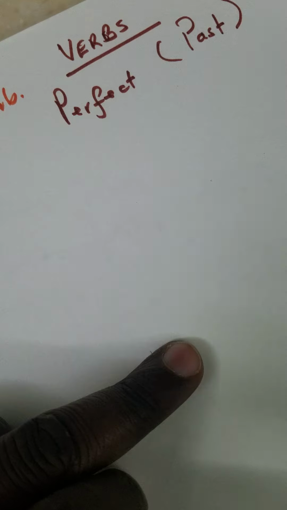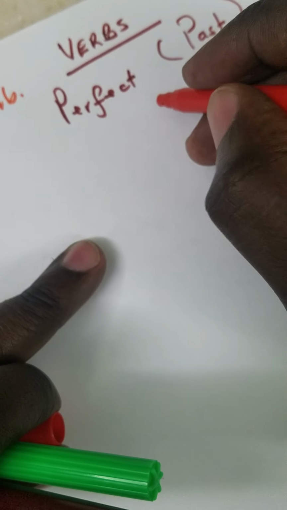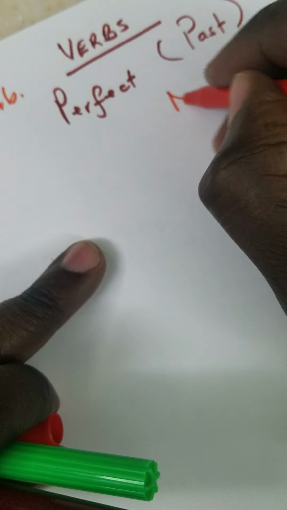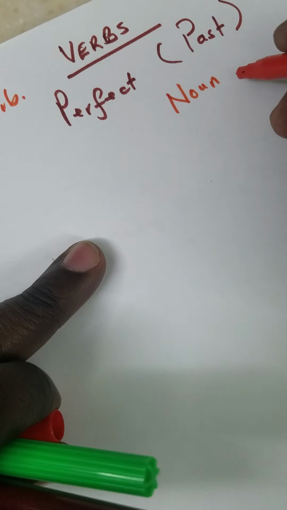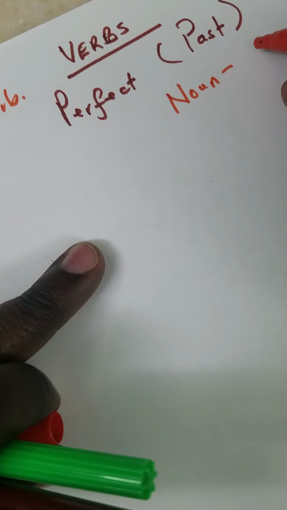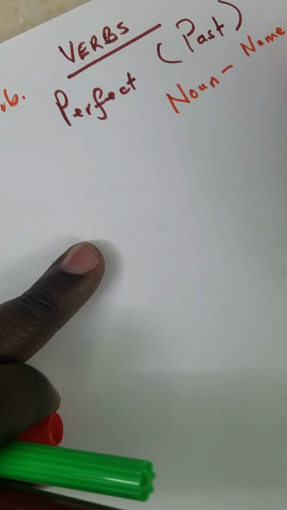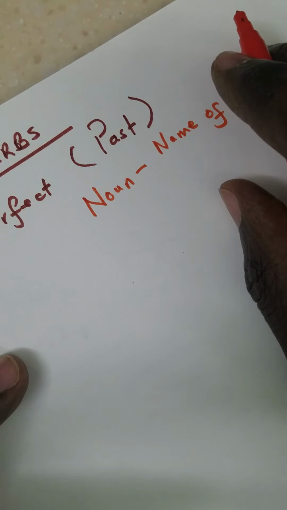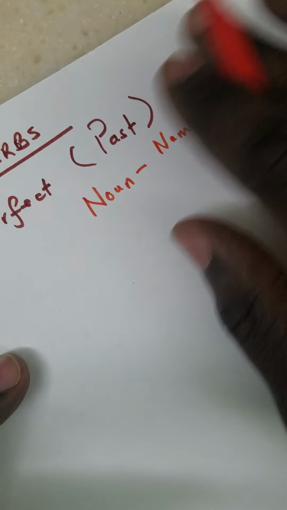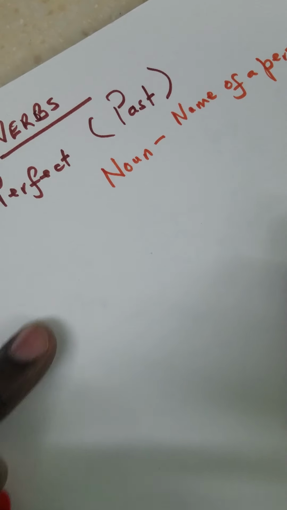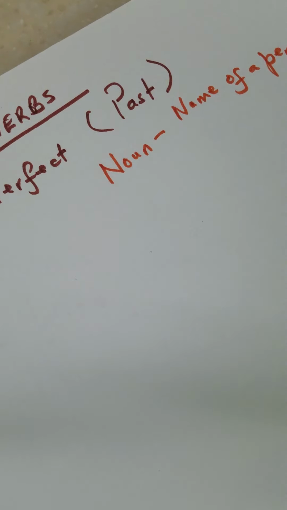But there comes a time when we are using the verb with a noun. Say, name of a person, or an animal, something like that. You are now joining the noun to the verb.